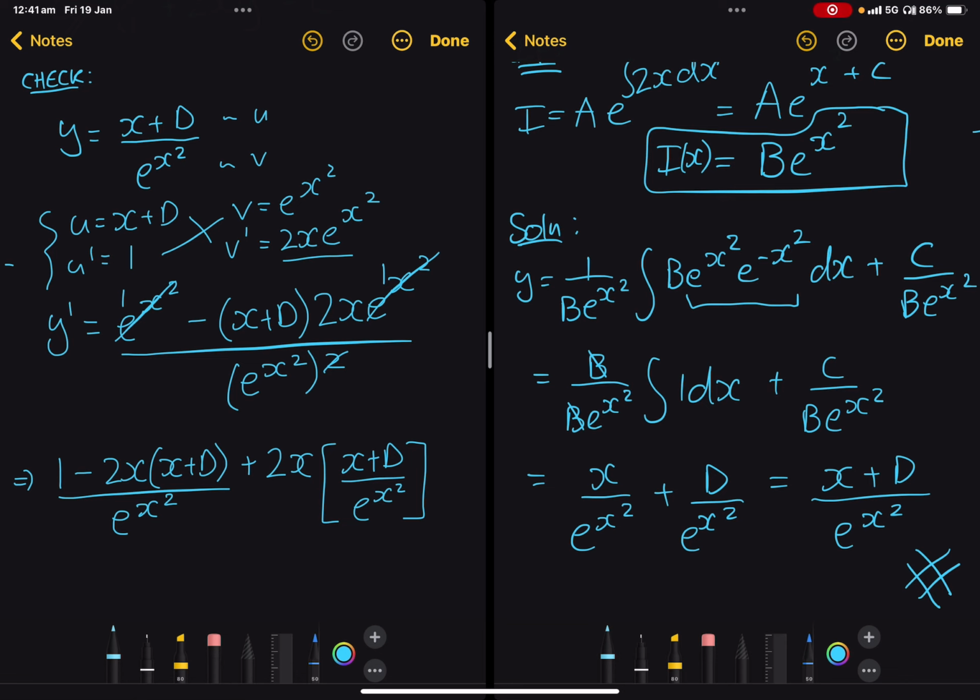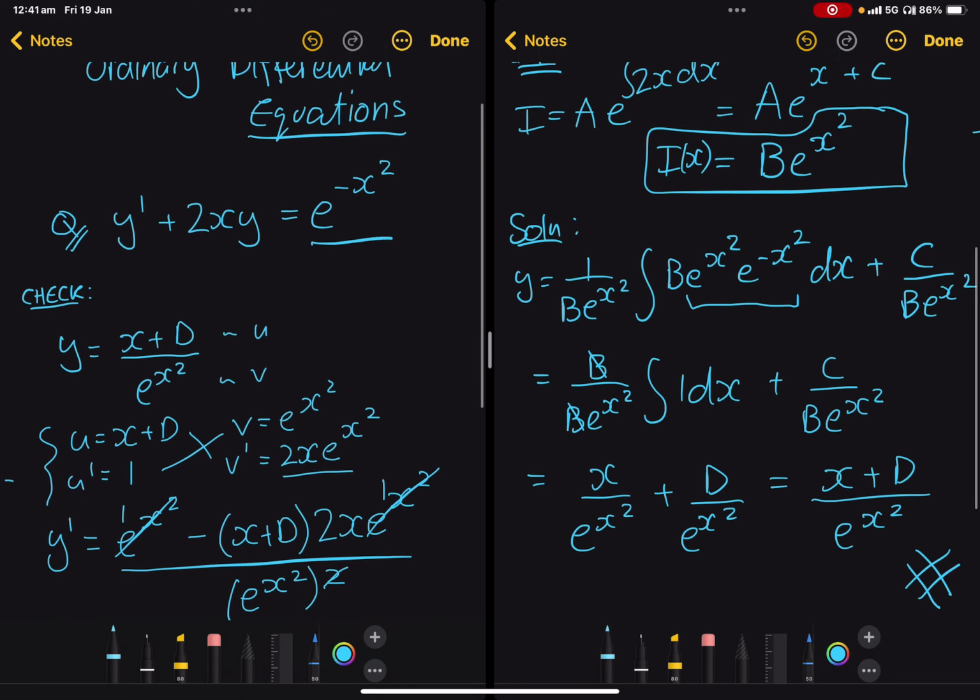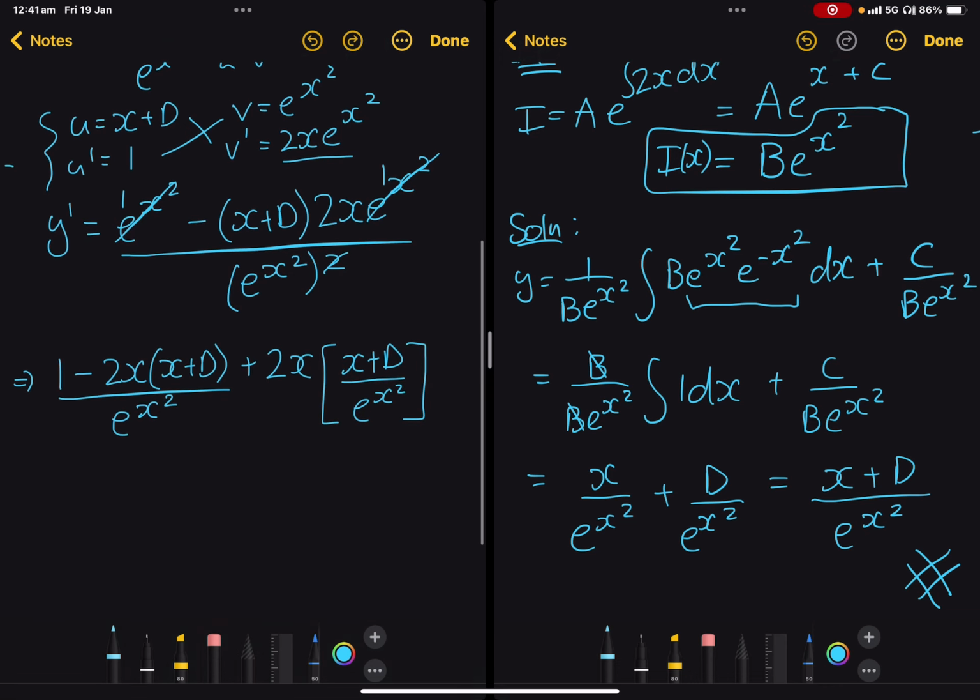Now we need to simplify this, and this needs to simplify to e to the minus x squared. If it does, then this answer over here is correct, and the question is finished. So let's do some bracket expansions up here, and then put everything over a common denominator.